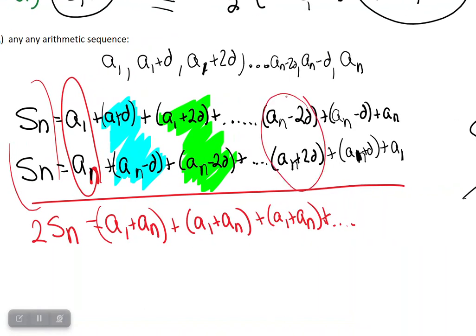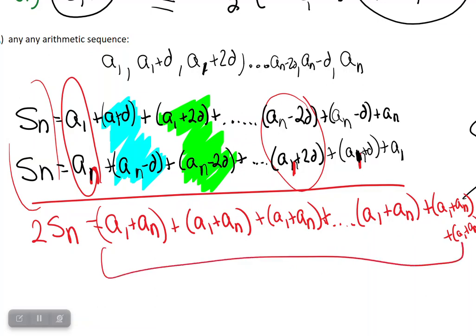And the same thing's going to happen here. And this should actually be a sub 1 right there, a sub 1 right there. And so we're going to get a sub 1 plus a sub n, plus a sub 1 plus a sub n, and again a sub 1, a sub n. So here's what we have. All of these are the same.